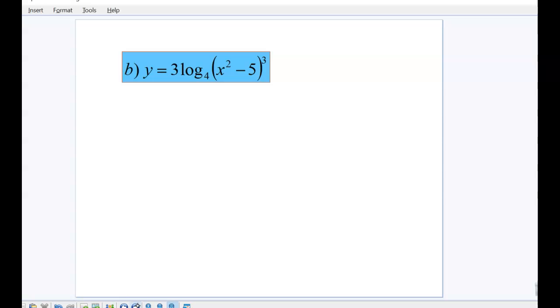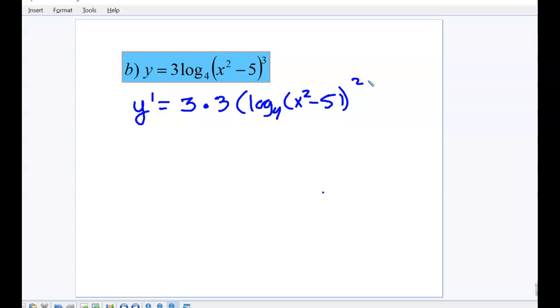Okay, let's take a look at our next example. So again, I want to use the chain rule. So the 3 stays out front, I'm going to bring that 3 out front, and log base 4 of x squared minus 5 drops to the power of 2. Then I must times it by 1 over x squared minus 5 times 2x divided by the natural log of the base, which is ln 4.